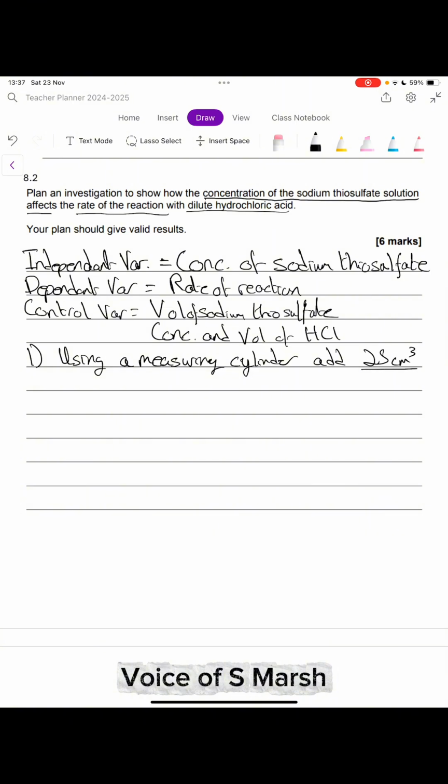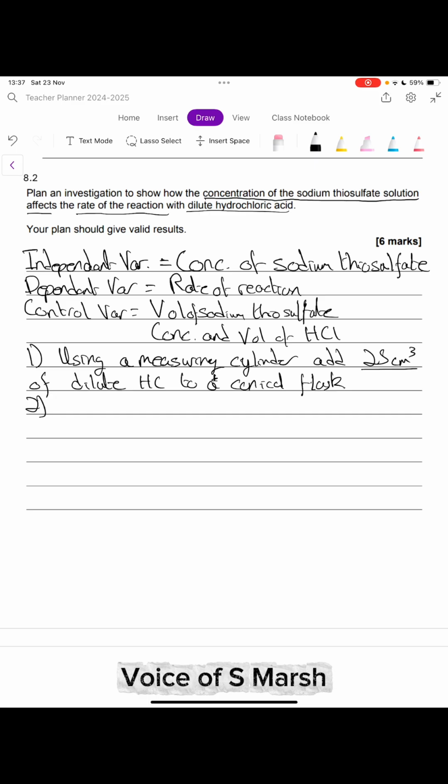Add 25 centimeters cubed of dilute HCl to a conical flask. You could do this experiment in a beaker, but the conical flask is better because you swirl it more.